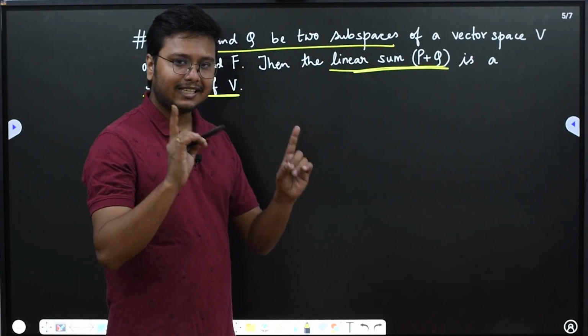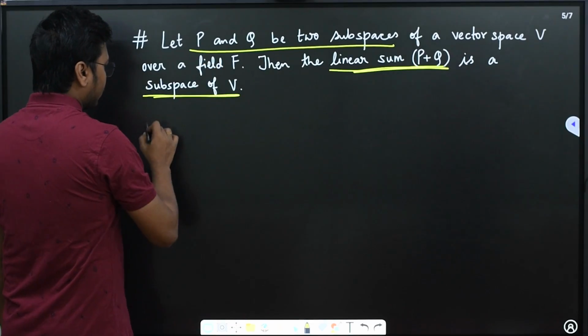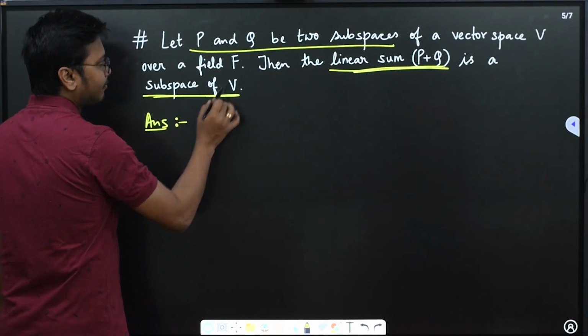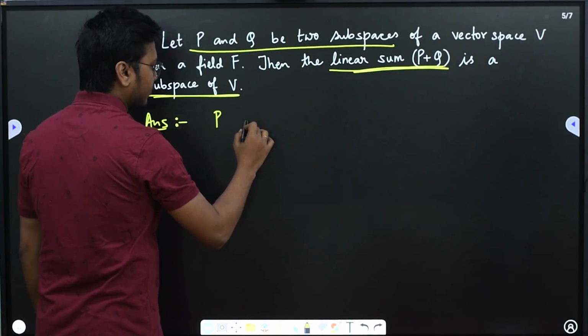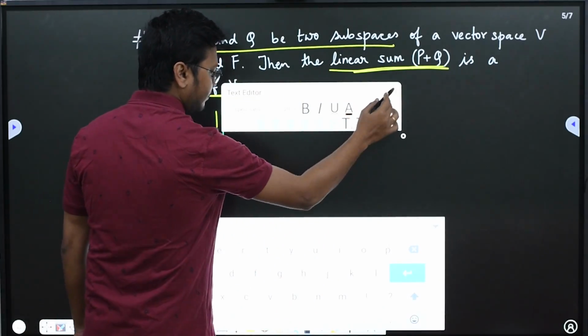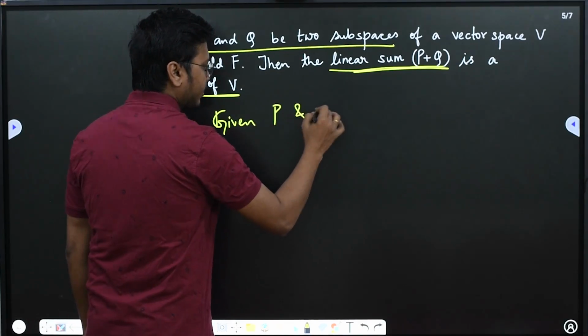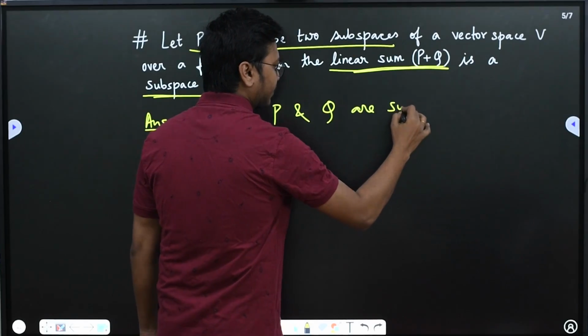So the linear sum is a subspace. We are going to prove that. Okay, so first of all, it is given to us that P and Q are subspaces.